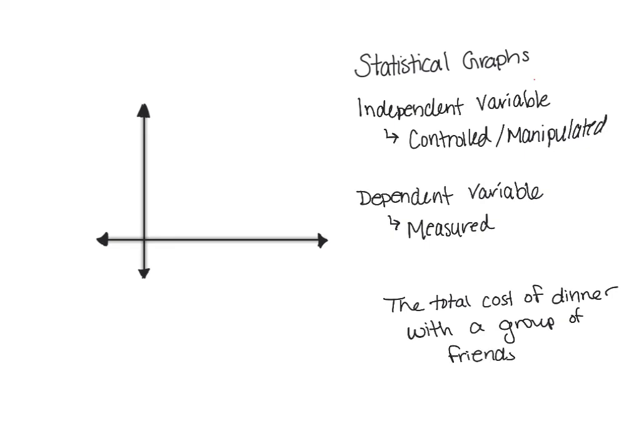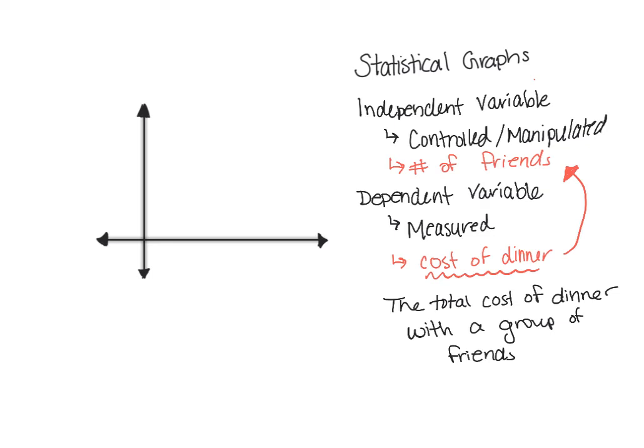Our independent variable is going to be the number of friends, because the cost of dinner, which will become our dependent variable, is going to completely depend on how many friends we bring. If I bring 5 friends, it might be $125, but if I bring 10 friends, maybe it's $350. So the big thing here is that my cost of dinner is going to completely depend on my number of friends, which is my independent variable. So that's the one that I'm controlling.